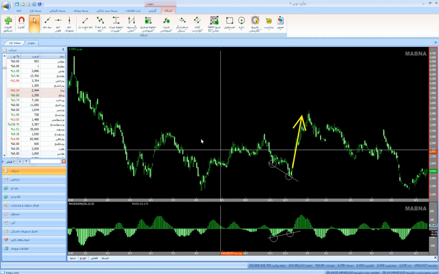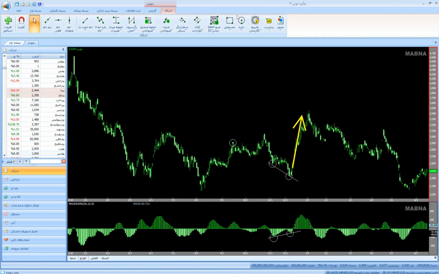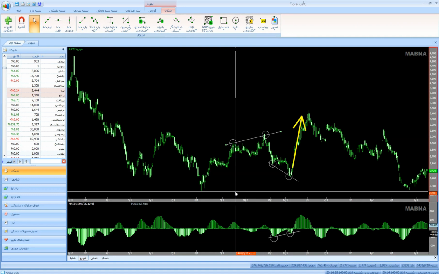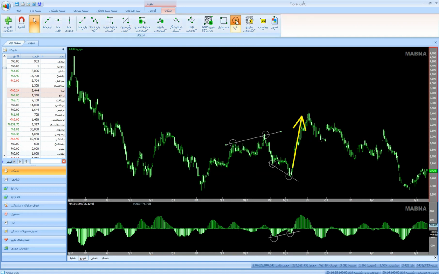Or look at this area. I see two peaks in this area, one peak here and one peak here. A line with a positive slope is drawn from the geometric location connecting these two peaks. But on the MACD, we need to find peaks corresponding to what we have.